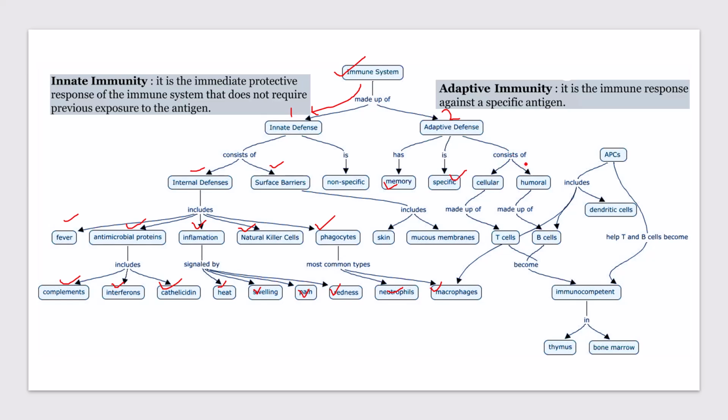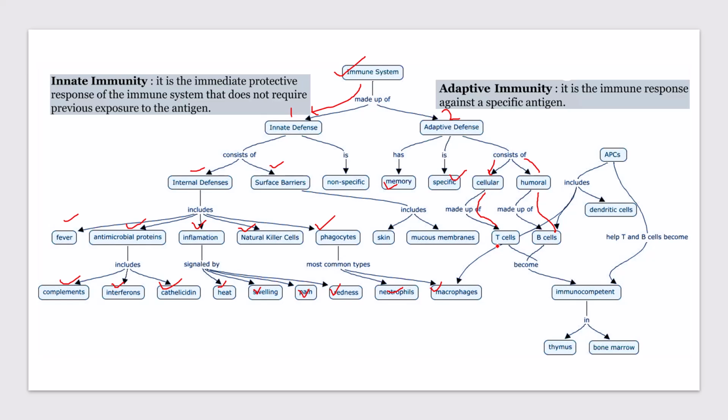It consists of two parts, that is cellular immunity and humoral immunity. Fine. So cellular immunity is made up of T cells. But humoral immunity is made up of B cells. Fine. So let's focus on cellular first.